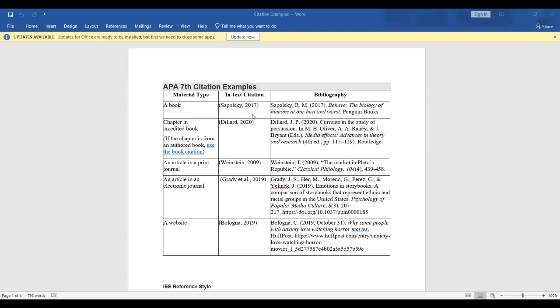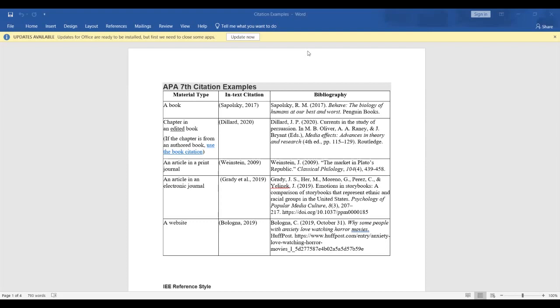In the in-text citation. What do you mean by in-text citation? Can somebody tell me? What do you mean by in-text citation? I'm asking a silly question.